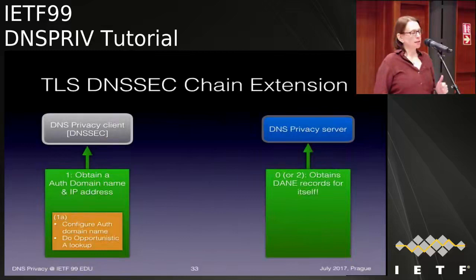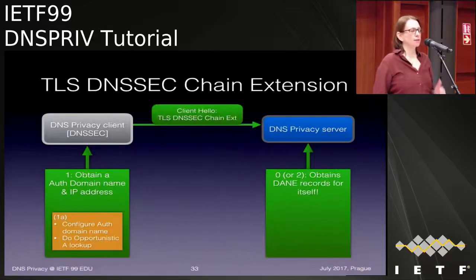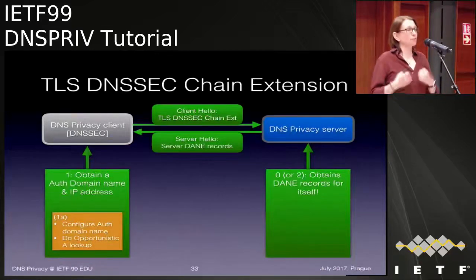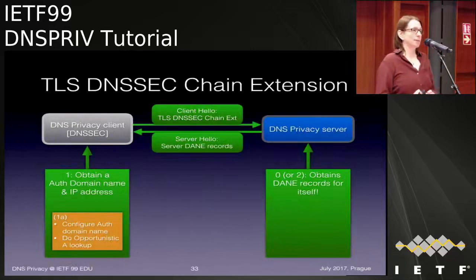With the new extension, the client can signal in the client hello that it is capable of validating DANE records it receives in the TLS handshake. Knowing that, the server can send back all the DANE records necessary, the entire chain, for the client as a DNSSEC validating client to do the work during the TLS handshake, decide that it can authenticate, and again, it's good to go with the DNS service.